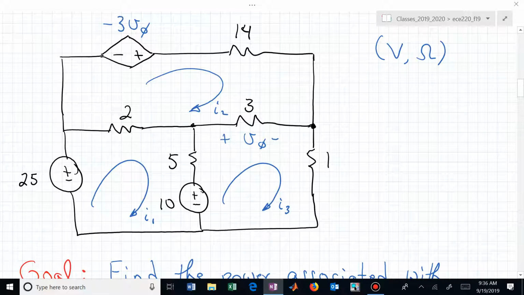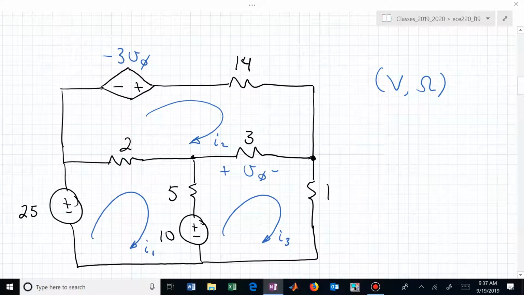However you label those mesh currents, we all should be getting the same power associated with that dependent source at the end. Meaning, if we now had, what is the power expression using the passive sign convention associated with that dependent source? What's the formula?